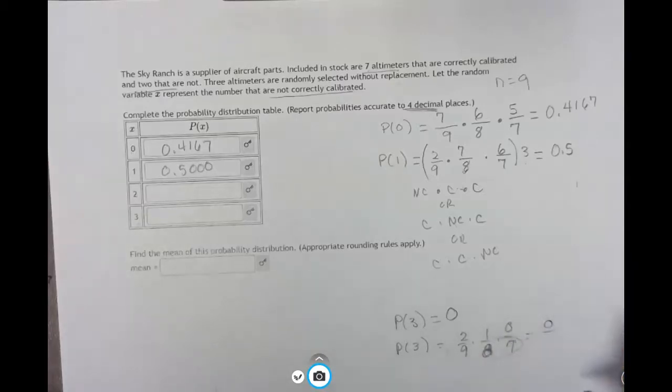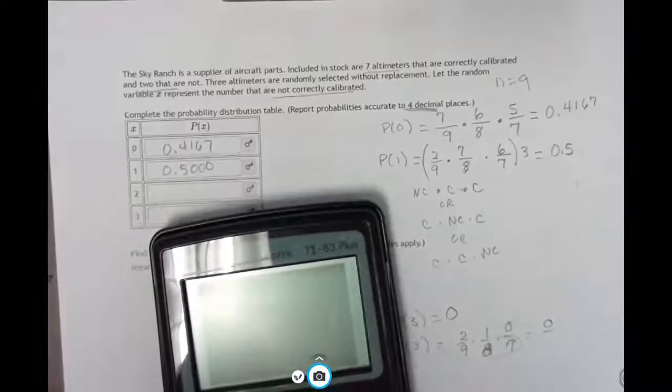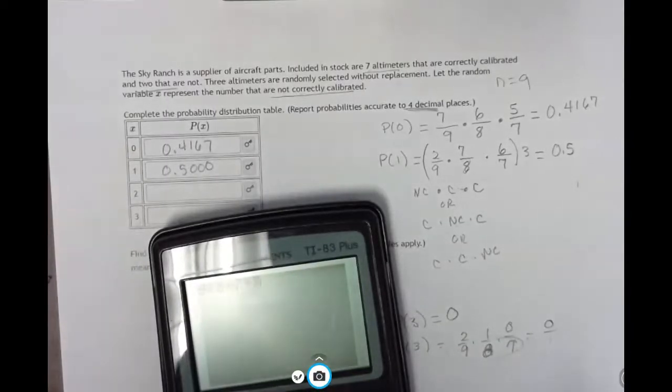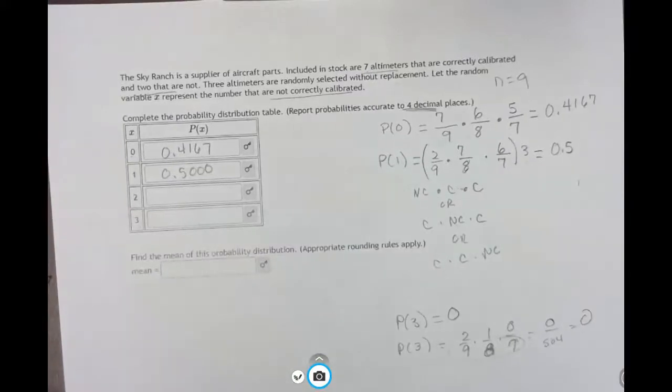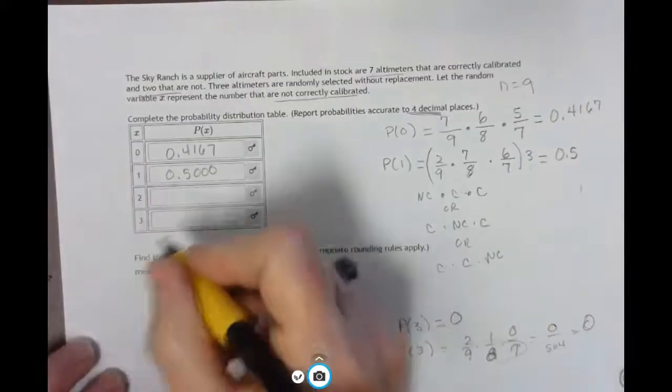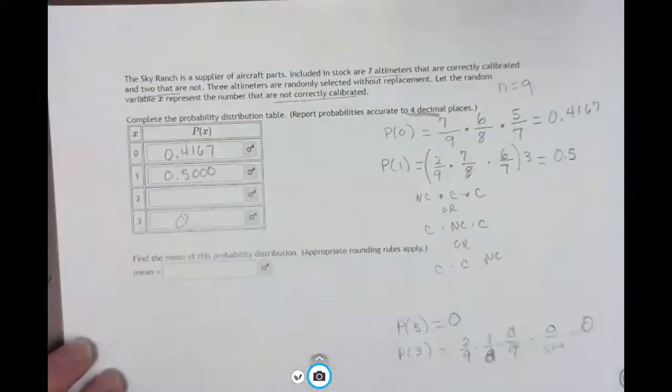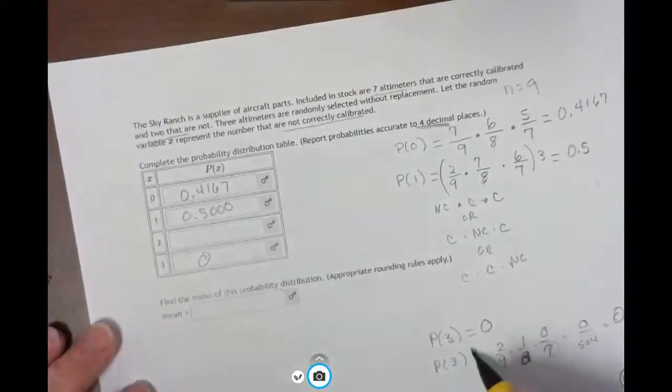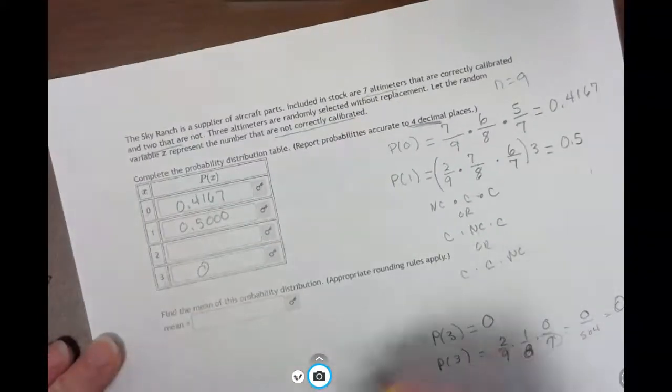Again, that really doesn't matter because 0 divided by any number, and we can just do 9 times 8 times 7, which is 504. But it's 0, so it really doesn't even matter what that number is. It's going to be 0 because there's no way of getting 3. It's just not possible.